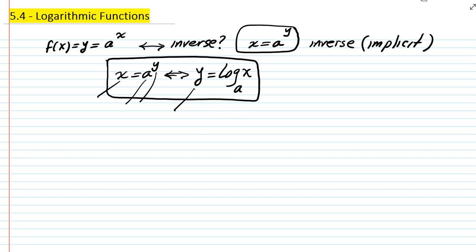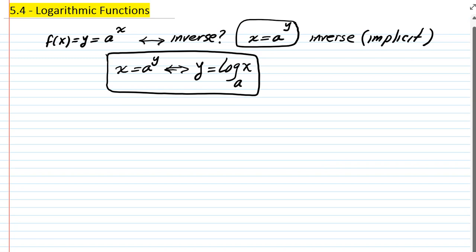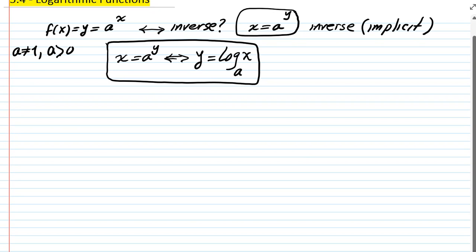It's just a repositioning of those 3 items, which enables us to solve for y. By the way, when we did exponential functions, we mentioned a cannot be 1 and a has to be positive. The same holds for logarithmic functions, because remember, logs are exponentials.